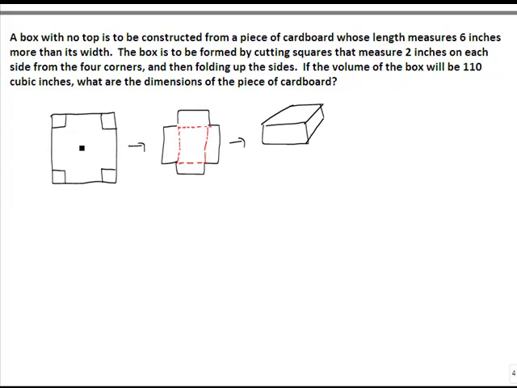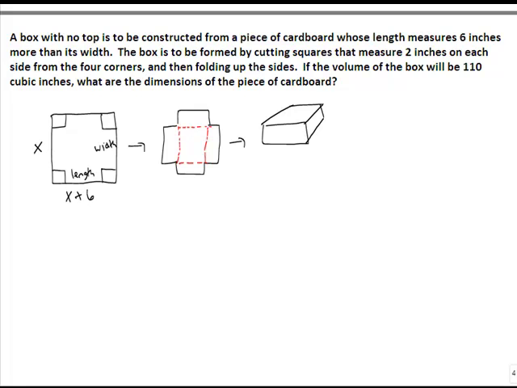Now let's fill in some dimensions here. It says that the box is constructed from a piece of cardboard whose length measures 6 inches more than its width. So if we call this side the width and this side the length, the length is 6 more than the width. The width is the side I need to know first, so let's call that x, and the length would be 6 more than that, so x plus 6.